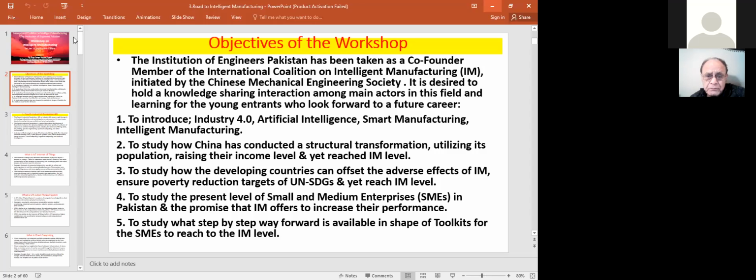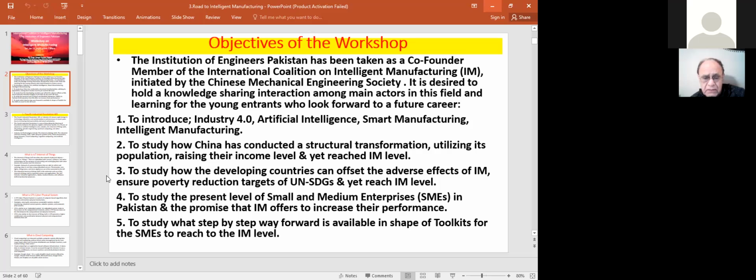So, in the next stage, number 3, we study how developing countries like Pakistan, or Pakistan still calls itself a developing country, although it's quite up on the way, and I think we should stop using the word developing countries.